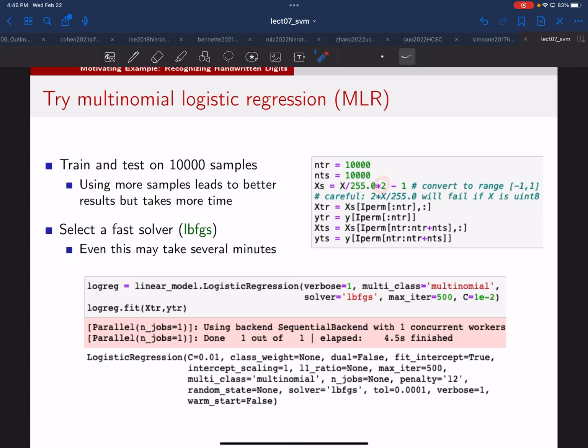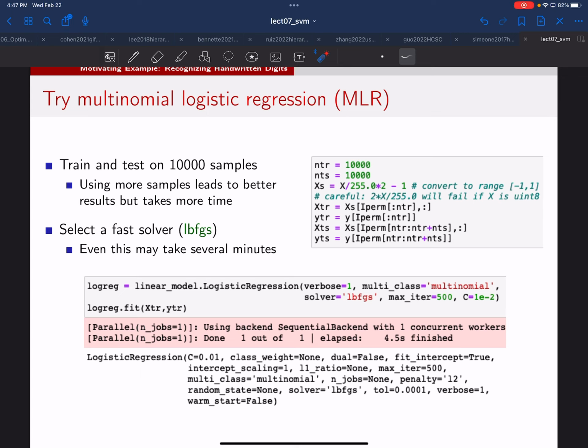If you move this multiplication by 2 to the front, that actually causes problems as well, because I think 2 times x will be an integer. I can't remember exactly what happens, but the order of operations basically matters. It would just overflow. Yes, that's right, because if x is 255 and you multiply by 2, then it wraps around and goes crazy. So sometimes with little things like this, you've got to be careful how you do it.